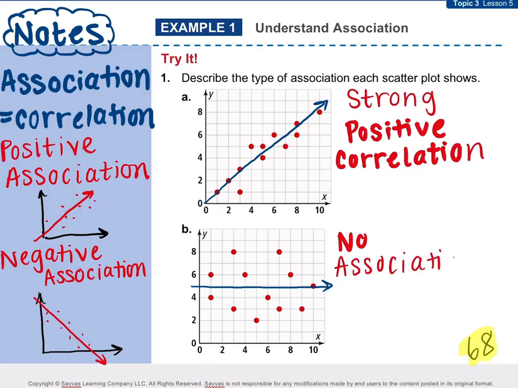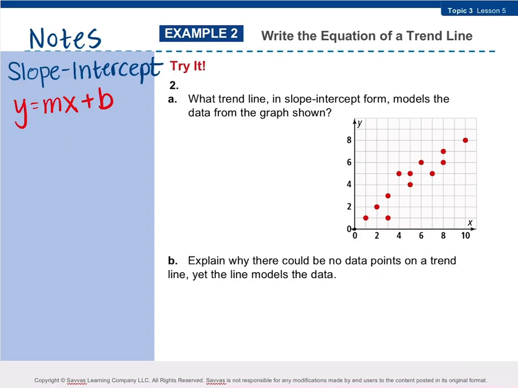Either word is fine. So if it's not trending up or down, there is no relationship between these two things, whatever is on the X and Y axis. And I know these points are a little bit spread out, so you would think it's a weak no association. But we wouldn't call it weak if there is no association in the first place. So we just say no correlation, no relationship here.